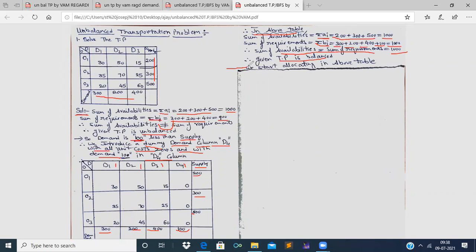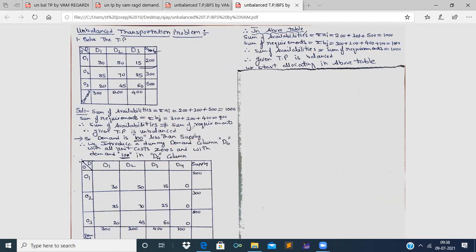Now we start allocating in this table by Vogel's approximation method, by VAM, short form of Vogel's approximation method, right? It is an unbalanced problem regarding demands.